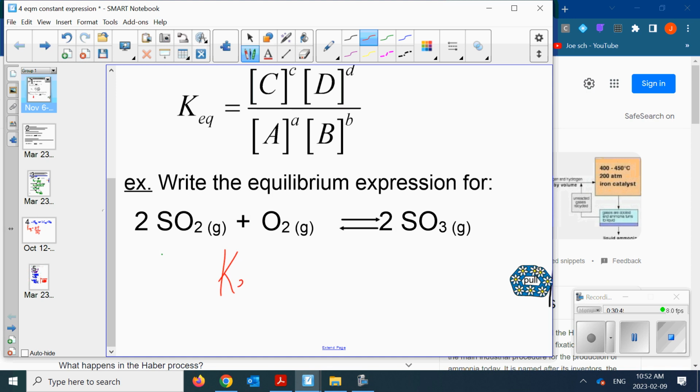From the reaction, you're writing the K value of equilibrium. Now I said it's products over reactants, so the right-hand side, SO3, you put in a square bracket as its concentration. And remember how I said the balance number, if there is one, you put as an exponent.